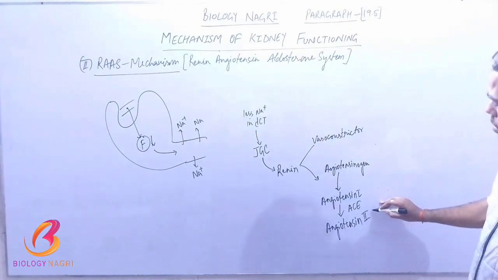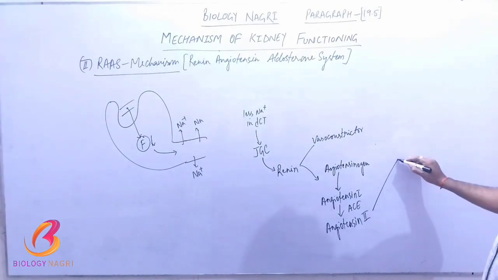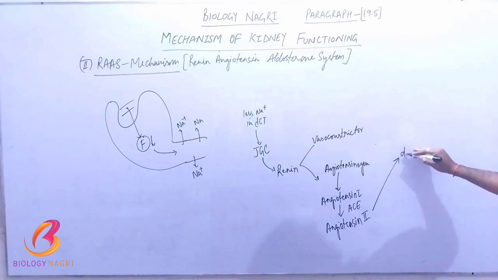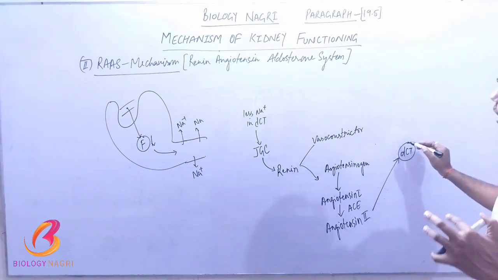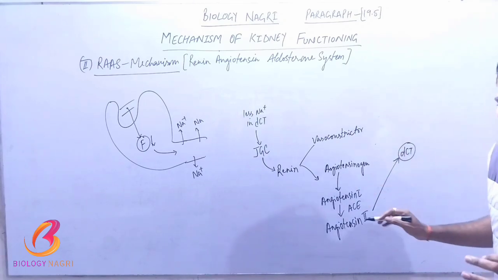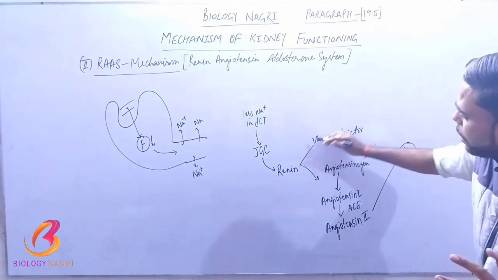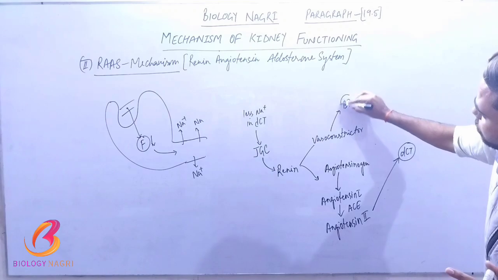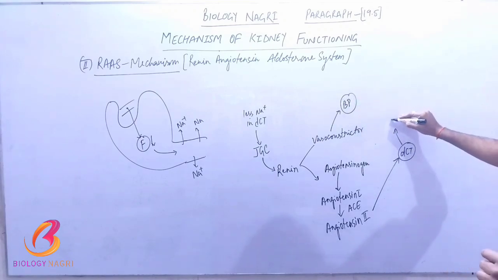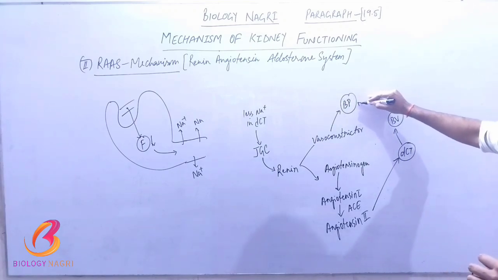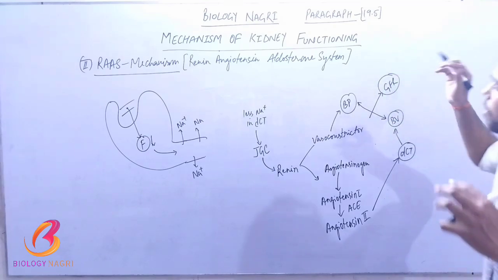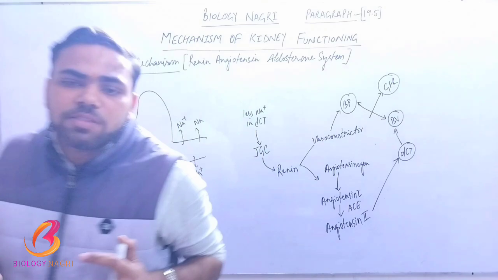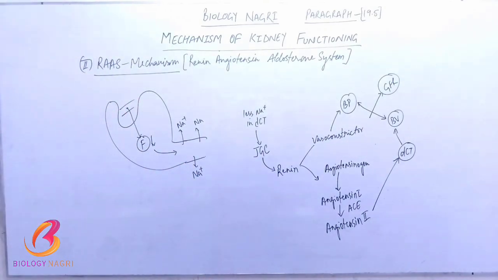Angiotensin 2 acts on the DCP and restarts the reabsorption of sodium and water, maintaining the blood volume and blood pressure, and finally this leads to the maintenance of GFR, which was the main goal of the RAS mechanism.